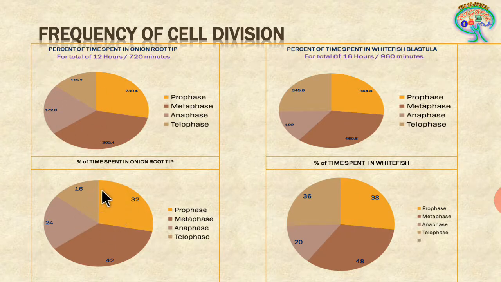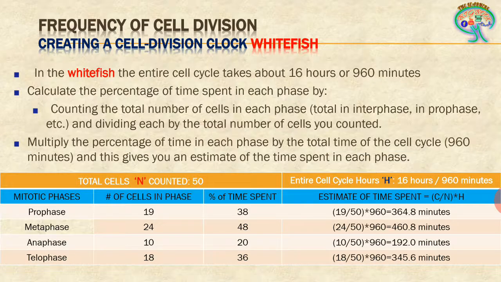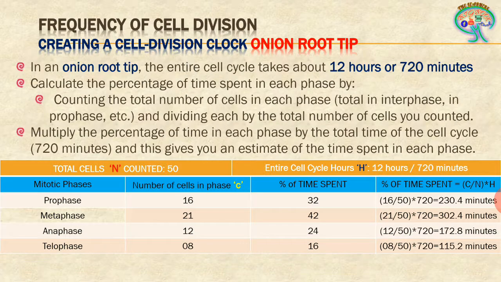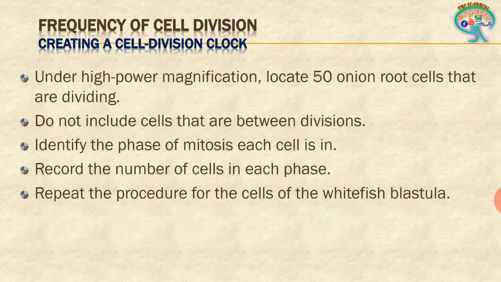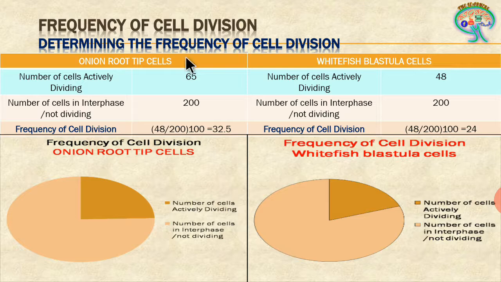In the same manner, here also is the percent of time spent for whitefish. This is for onion root tip, and this is for whitefish. So this is regarding the frequency of cell division, which is counted for creating a cell division clock and also determining the frequency of cell division.